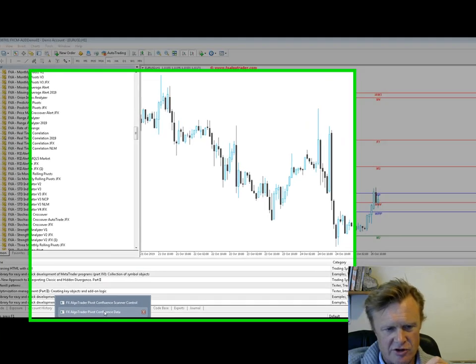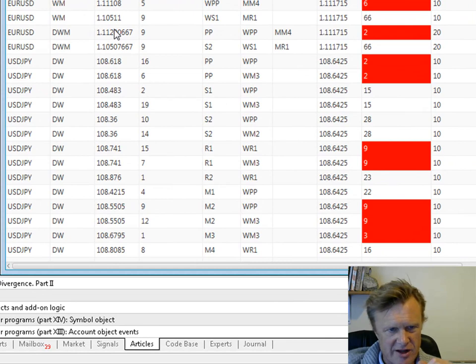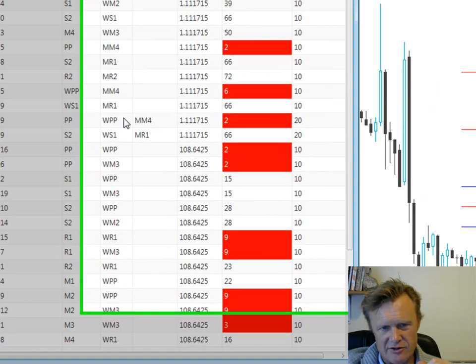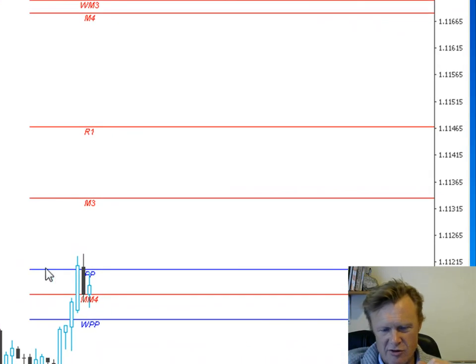So let's have a look at our Confluence data again. We're looking at this triple level pivot here around central daily, central weekly, and MMM4. It's quite a broad area of Confluence here, not as tight as you probably want it to be, but you've certainly seen price reject from the central daily pivot.